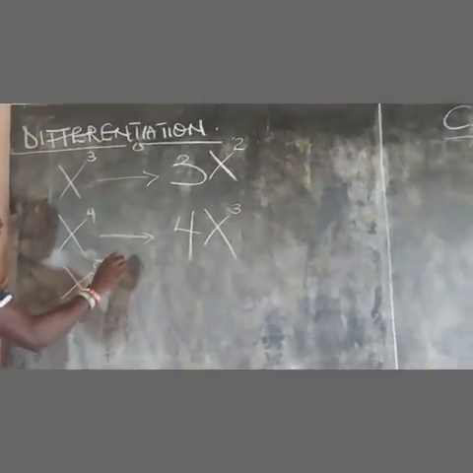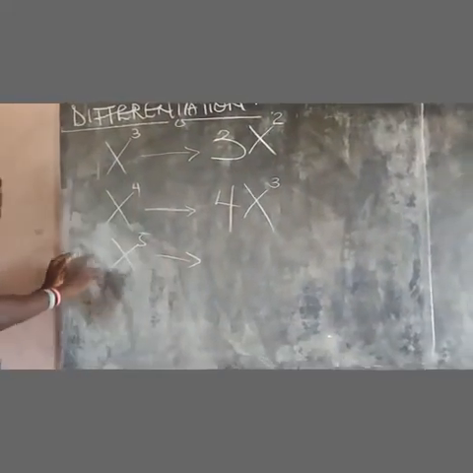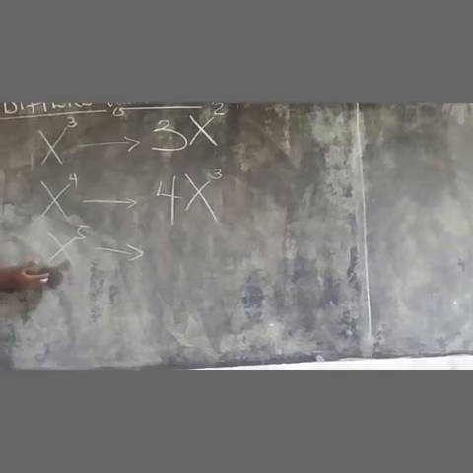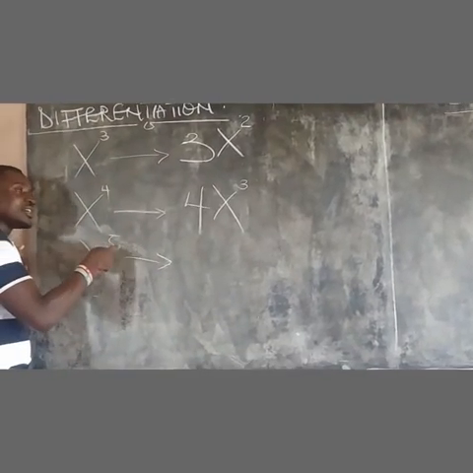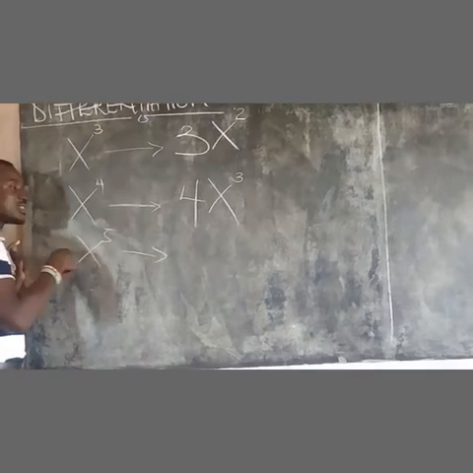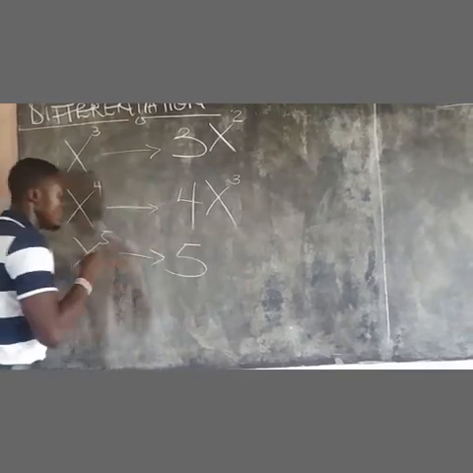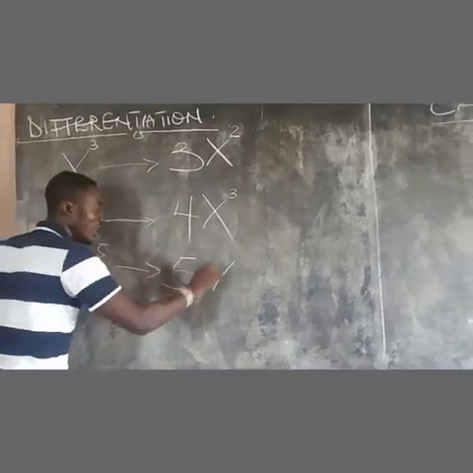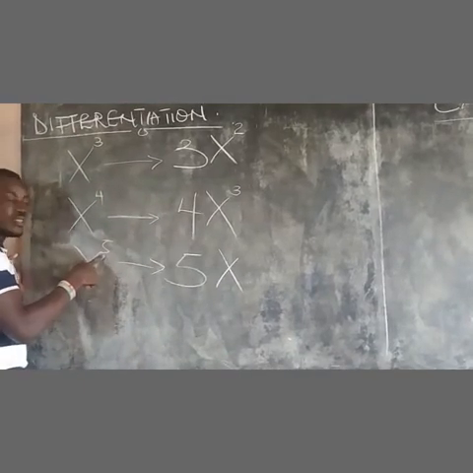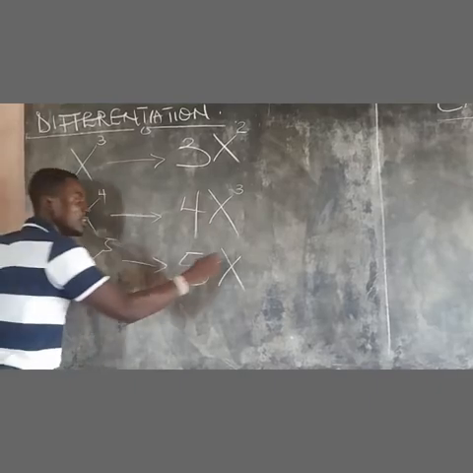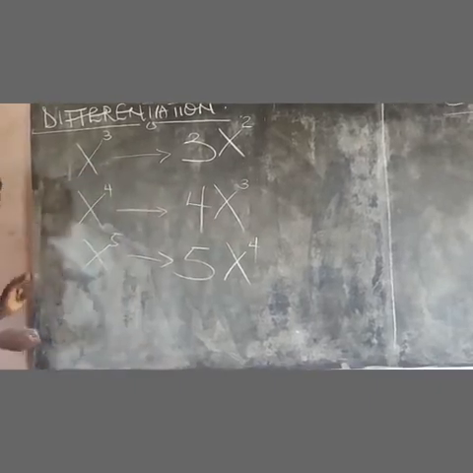For x exponent 5, if you are asked to differentiate this term, you first multiply the exponent by the coefficient of this term, that is 5. You write the variable x there. Then you subtract 1 from the exponent. So if you take 1 from 5, it will give you 4.